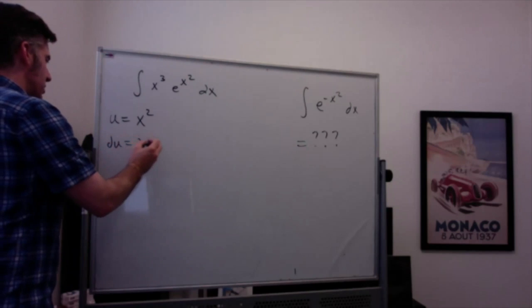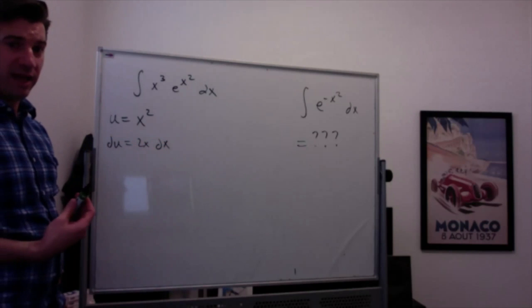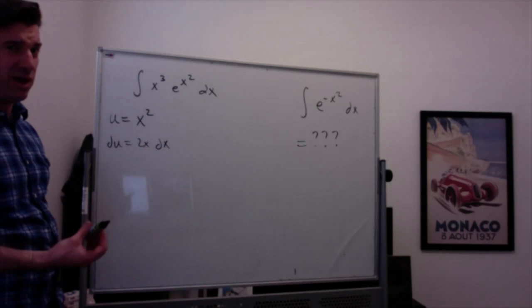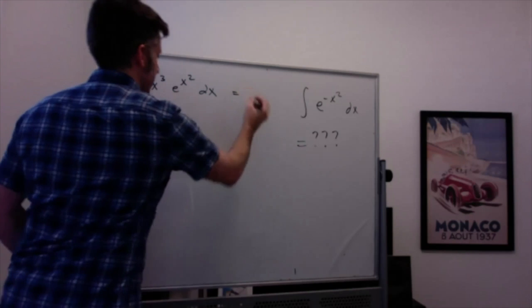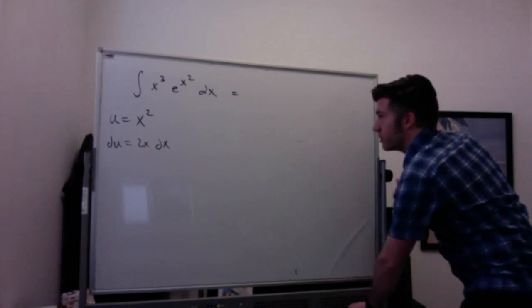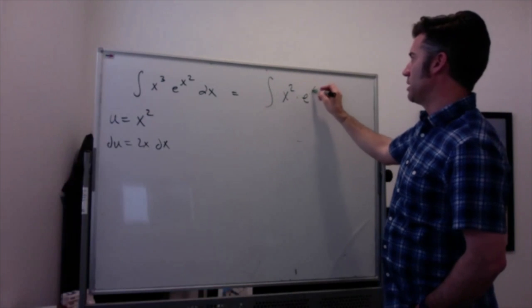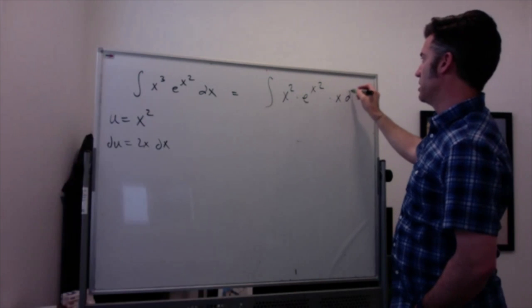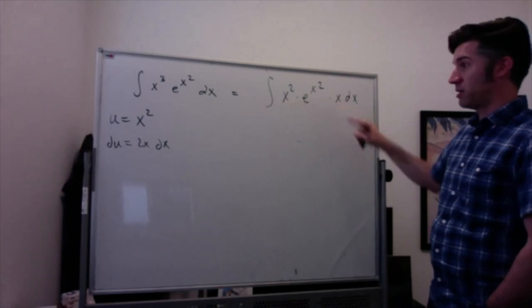Du is going to be 2x dx. And while I don't have an x dx, well, actually, I kind of do have an x dx. I could totally write this as the integral of x squared times e to the x squared times x dx, right? Breaking that x cubed up into an x squared times an x.